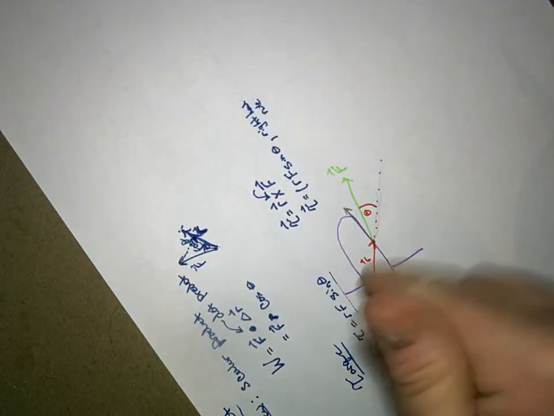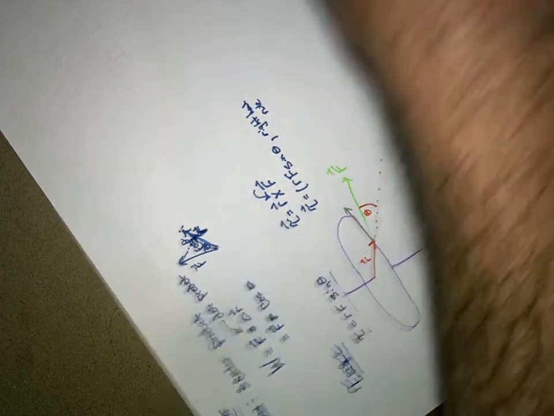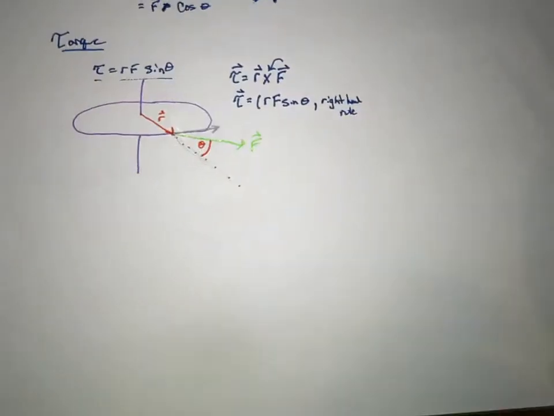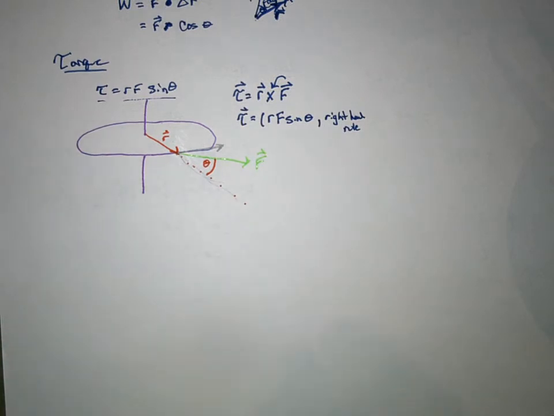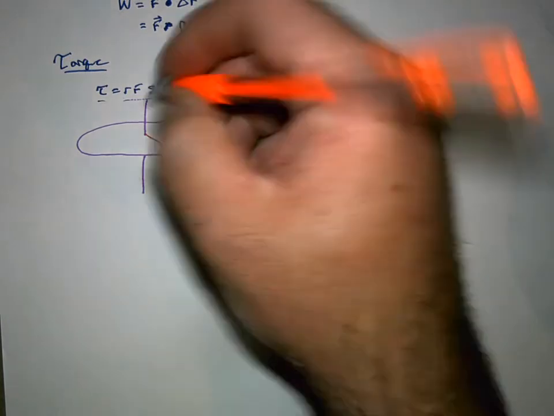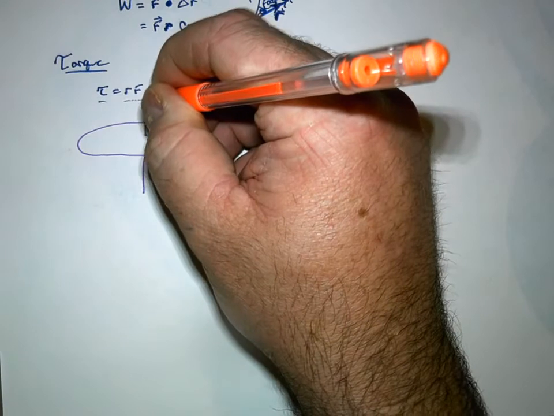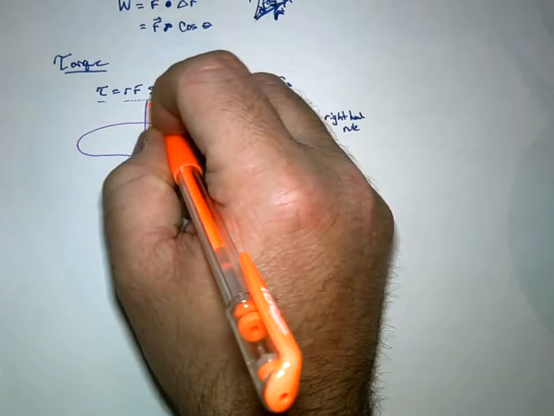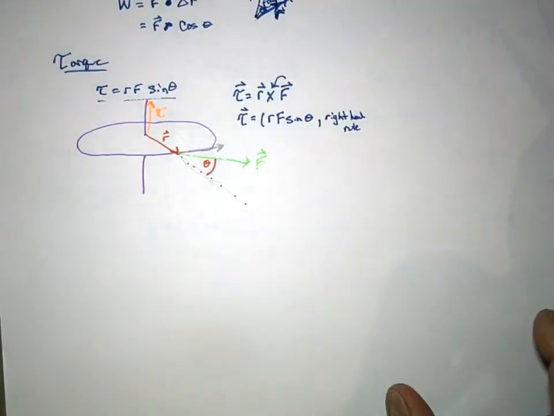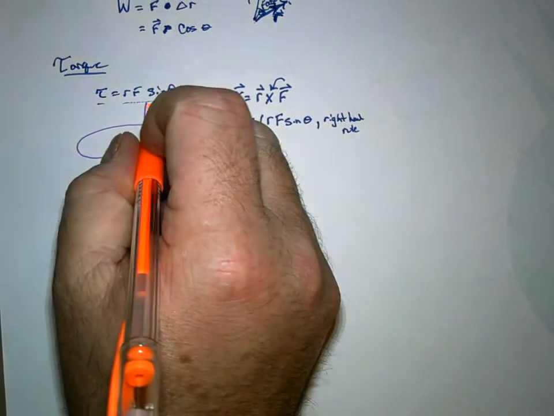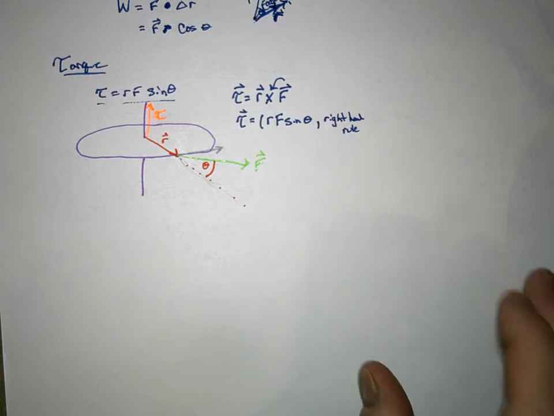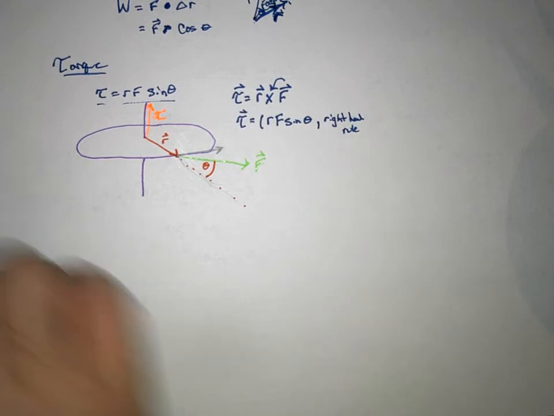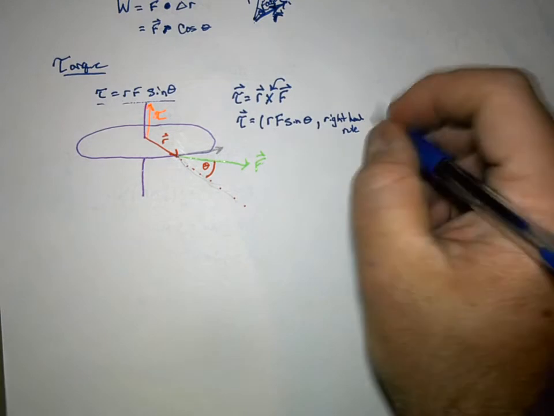Well, on this paper, instead of being up into the camera, the way we've drawn it is our torque is actually in the up direction here, and this becomes tau up there, and that's kind of messy. All right, so that's our tau, and that is the result of R cross F, and we find that direction as a result of the right-hand rule.